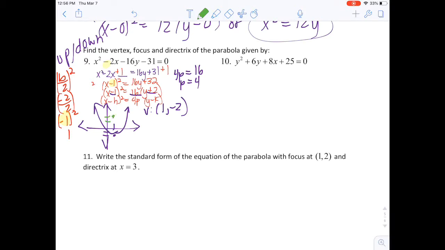There's my focus. Go down 1, 2, 3, 4. There's my directrix. So the focus looks like it's at the point 1, 2. The directrix looks like that is at the line y equals negative 6.